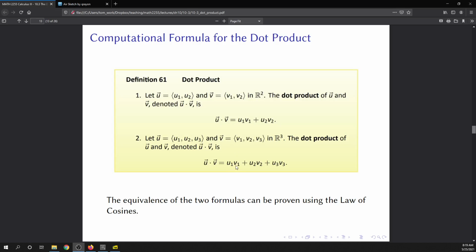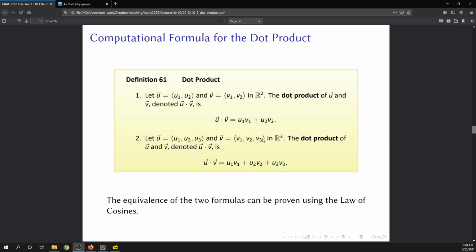It is the product of the first components plus the product of the second components plus the product of the third components. Okay, so you can see that is really much easier to use than the other geometric based definition that we use.